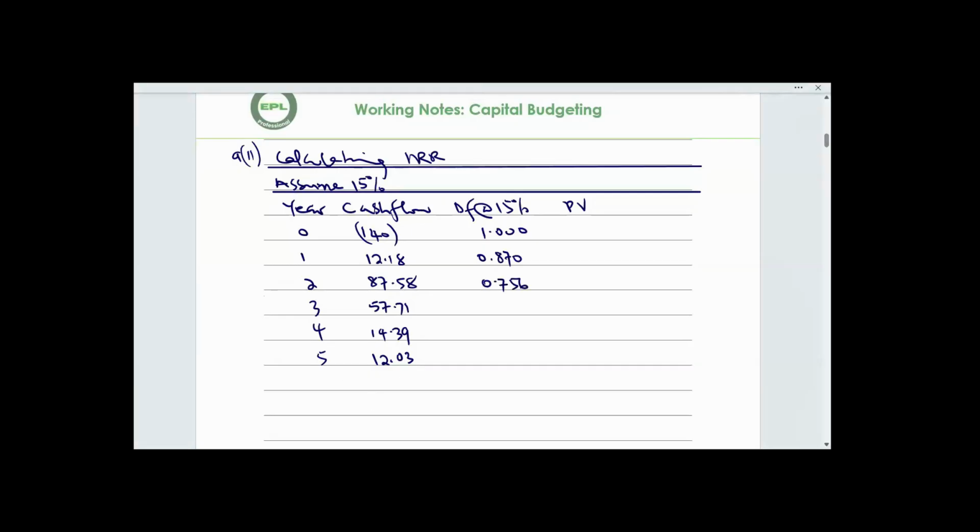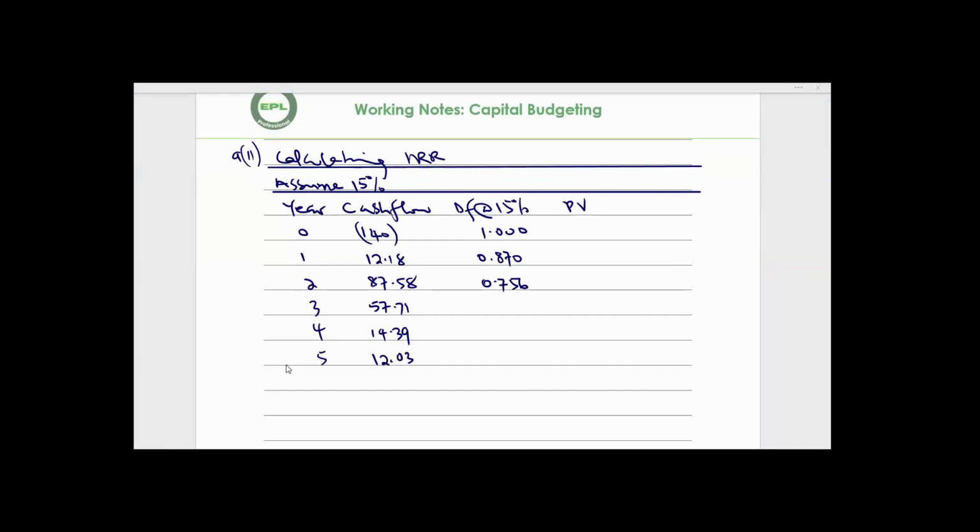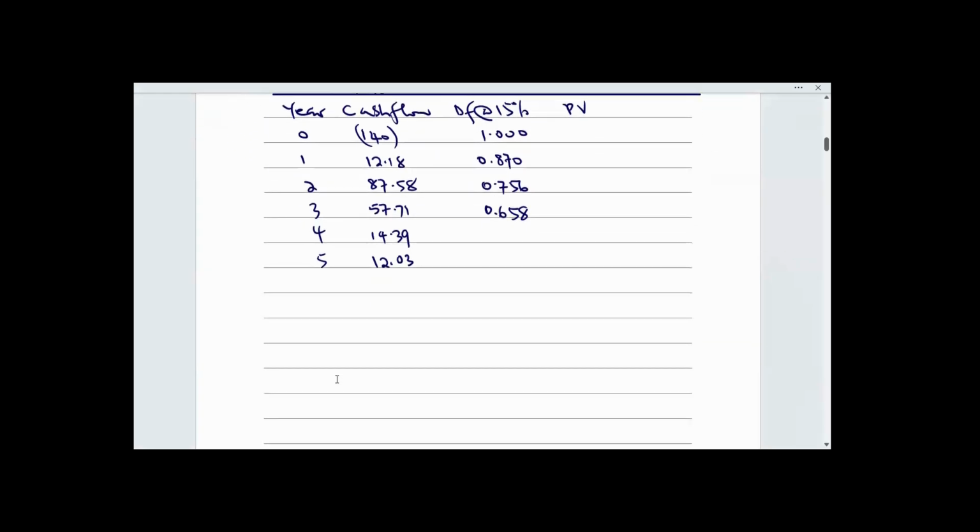Year 3, 1.15 raised to power 3 minus, 0.658. Then year 4, 0.572. Year 5, 0.497. So we now get the present value.